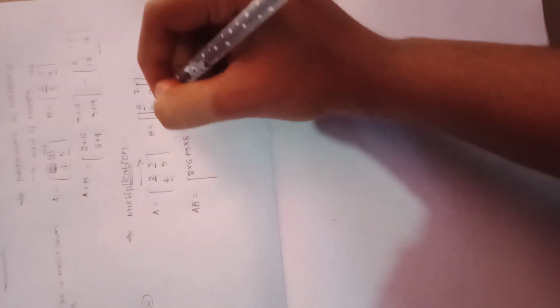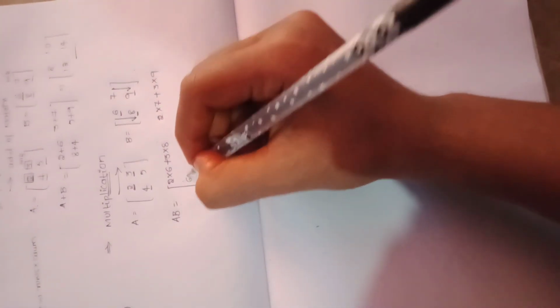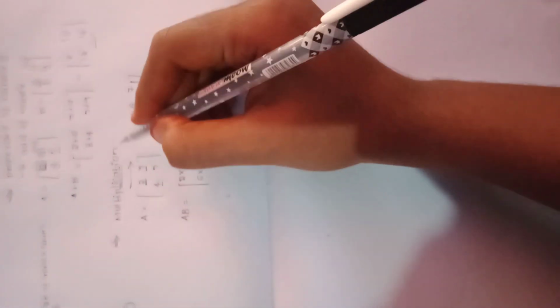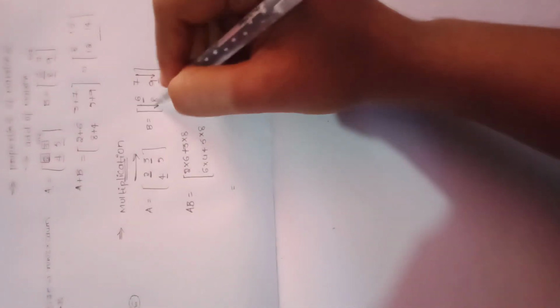Similarly 4 into 6 plus 5 into 8, and 4 into 7 plus 5 into 9. I hope you have understood that multiplication of matrices is very important in solving problems. First we multiply the row and the column, and then row and the column. Okay, and then we can write it.